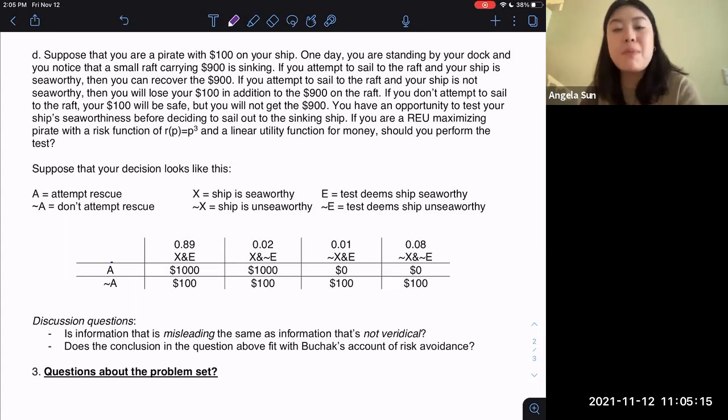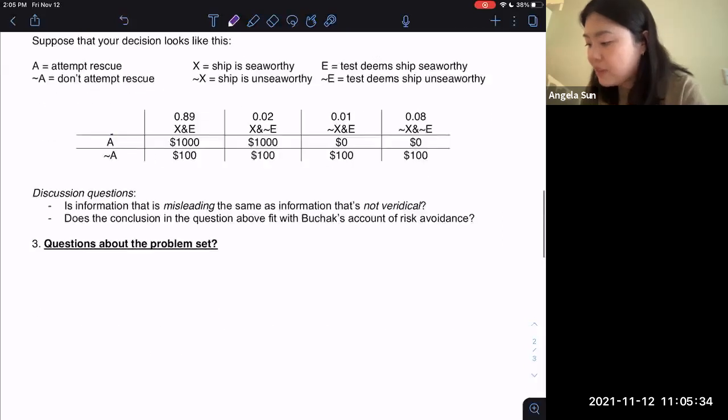And then we're going to compare them. If the value of doing the experiment is greater than the value of not doing the experiment, then we should pay to do the experiment. And if it's less than the value of not doing the experiment, then we should pay to not do the experiment. So let's start out by first calculating the value of not doing the experiment.